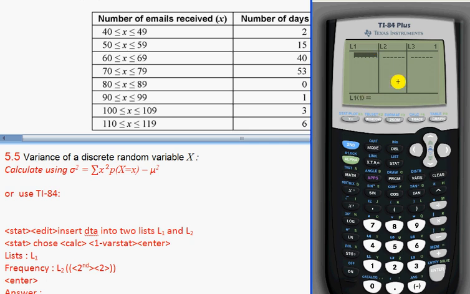Yes. 54.5. Yes. 64.5. 74.5. 84.5. 94.5. Oops, I did something wrong. 74.5. Yes, enter. 84.5.